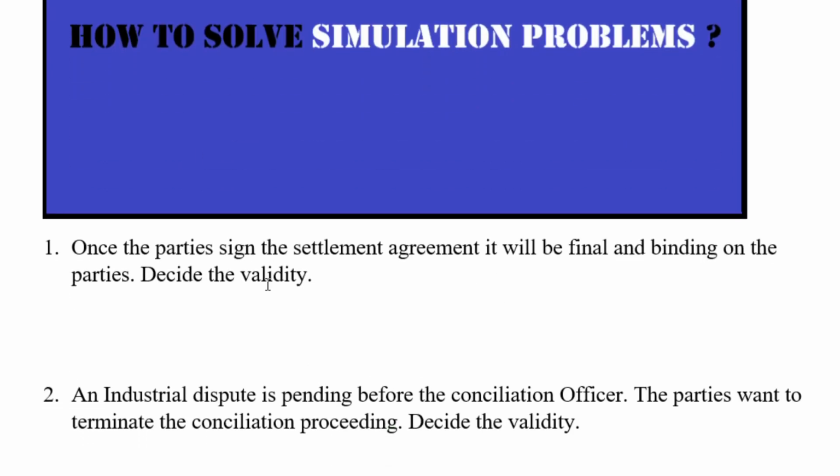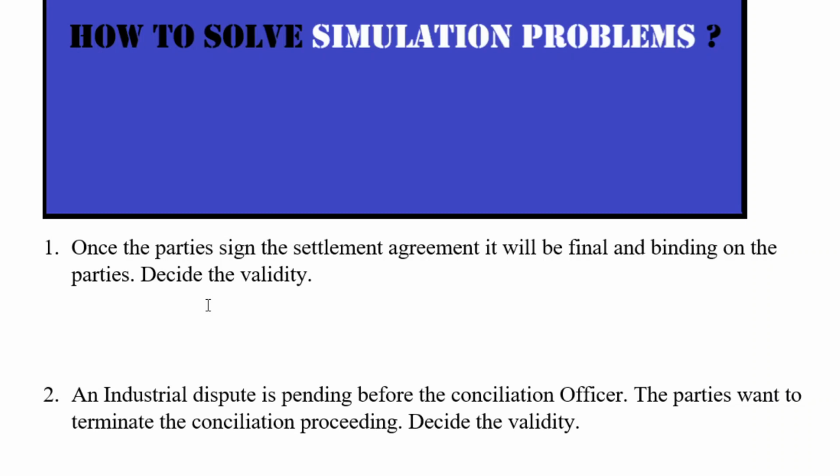Here, once the parties sign the settlement agreement, it will be final and binding on the parties. Decide the validity. So in this way, the problem will be given. That means this problem will come under the conciliation problems.